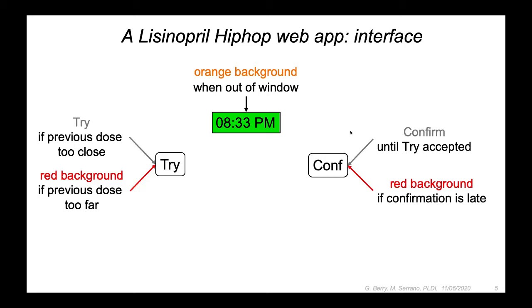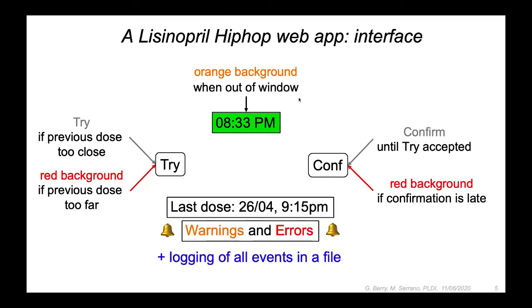They can be disabled, gray, for try if previous dose is too close, and for confirm if try is not yet accepted. Or they can be red, for try if previous dose is too far, and for conf if confirmation is late. To finish the interface, there are two displays, one for the time of the last dose, and one for warnings and errors that may be associated with bells, and all events are logged in a file.